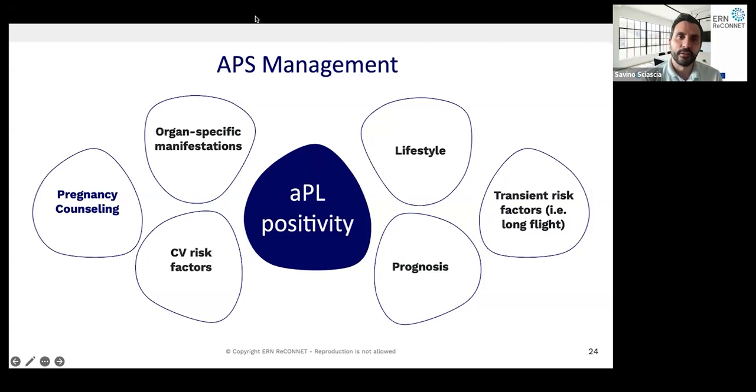And thank you to all the ERN ReCONNET family for giving us the opportunity to share and discuss APS, a disease in which we still need a lot of research, a lot of networking, and joint efforts to improve the quality of life and the outcome of people living with this disease. So thank you very much to all. Thank you. Thank you.